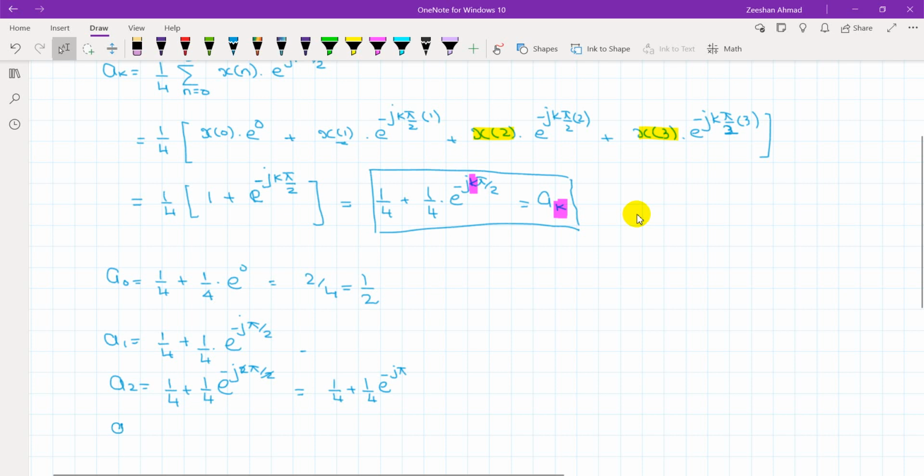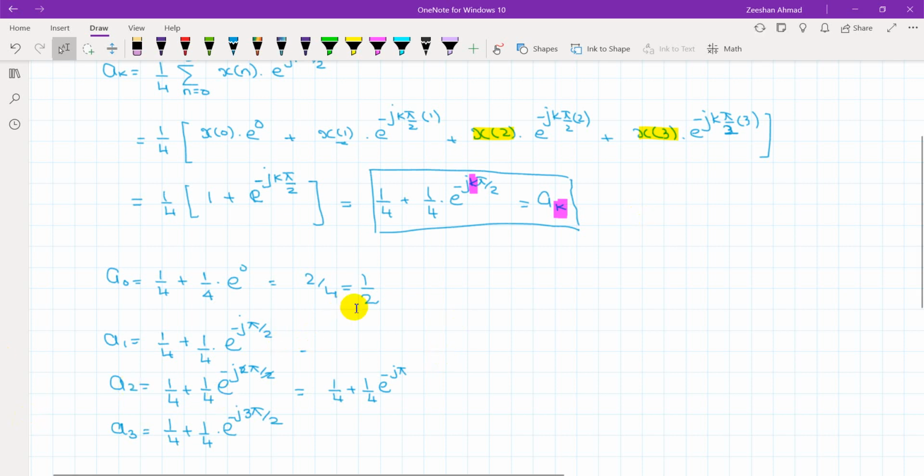Similarly a of 3 will be equal to 1 by 4 plus 1 by 4 into e power minus j 3 pi by 2 here. So we were able to find A0, A1, A2 and A3.